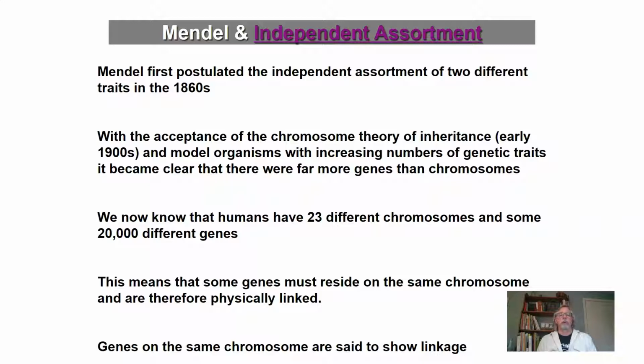So they realized that chromosomes must be carrying large numbers of genes, and therefore that many genes must be linked together on the same chromosome. So they began to question how genes that are linked are passed on and how that's different for genes that are unlinked. So let's take a look at the situation for genes that are unlinked. This is what Mendel saw and how he derived the law of independent assortment.